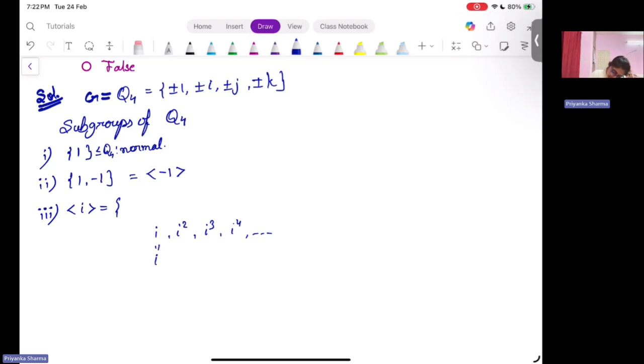I square is minus 1, I cube is minus I, I to the 4 gives us 1. So yep, there are exactly these 4 elements: 1, minus 1, I, and minus I. Or we can say this is generated by minus I as well.